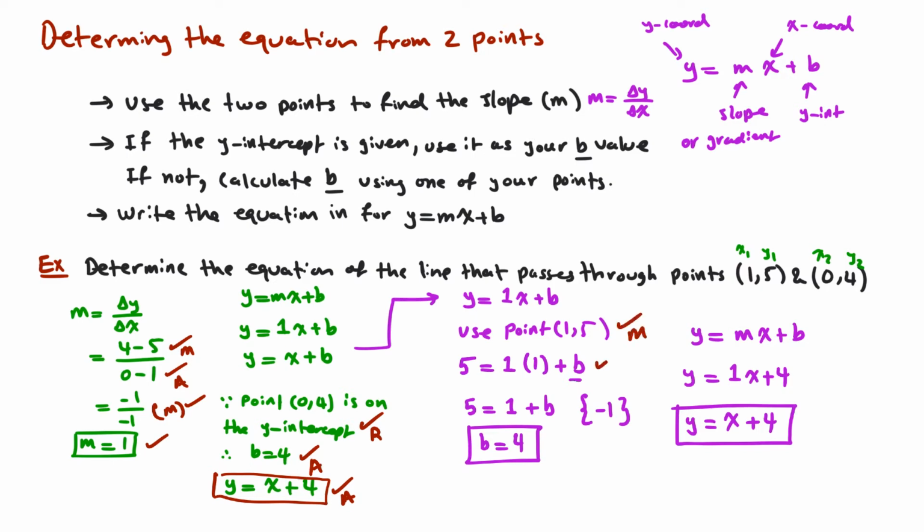You will then have to accurately, using proper method, plug in the values and solve for your b value. And there's an implied method mark on how you solve for b. And once you have that, you need to put it back into your final form of y is equal to mx plus b, and in this case you get y is equal to x plus 4.